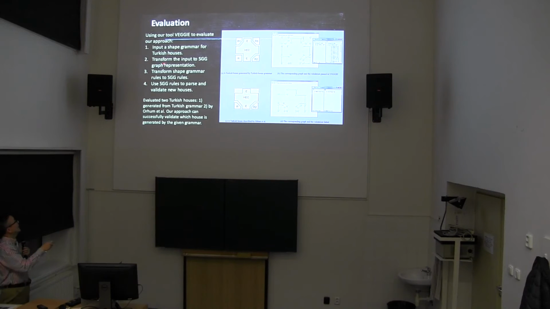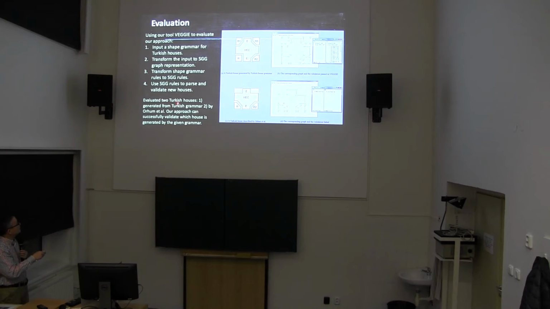We input that, and then transform the input to the SGG graph representation, okay? And then transform shape grammar rules also to the SGG rules, and then use the SGG rules to parse and validate new houses, okay? And see whether the new houses belong to the supposedly Turkish houses, okay?